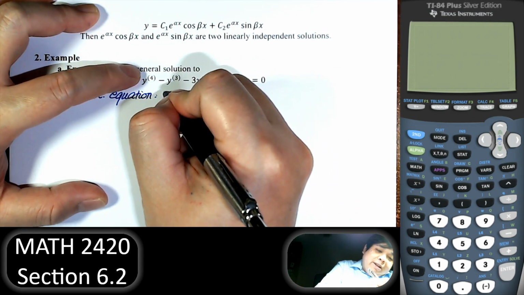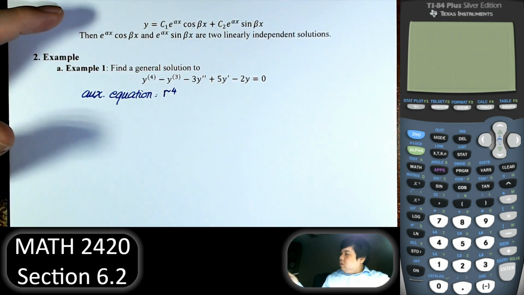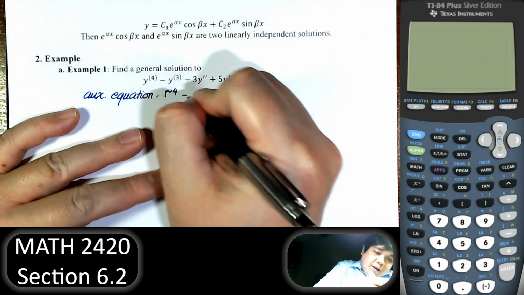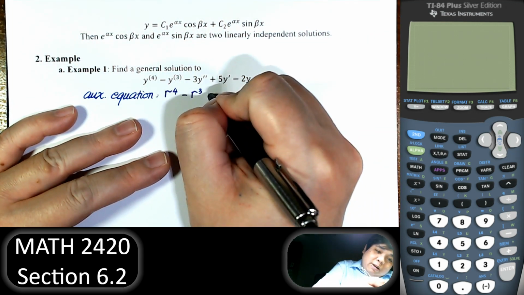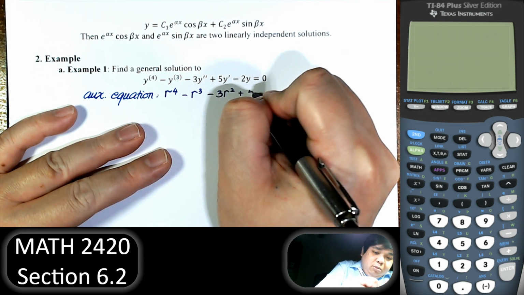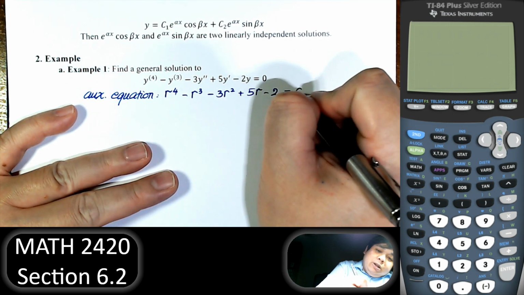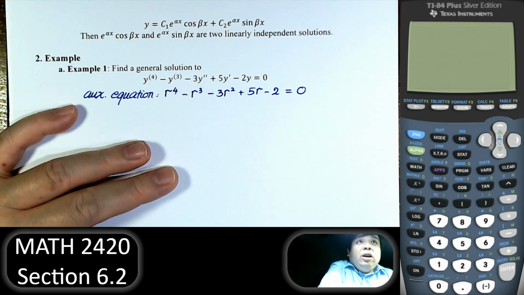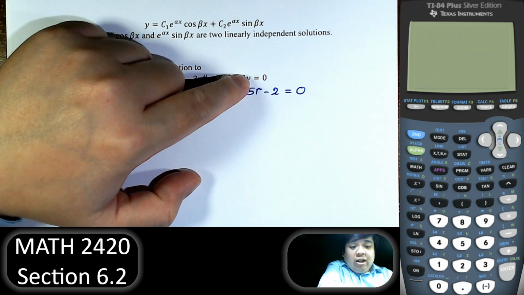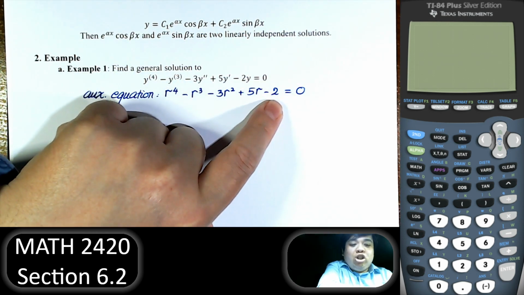The fourth order derivative you can write as r to the fourth power, minus r cubed, minus 3r squared, plus 5r minus 2 equal to 0. The nth order goes to the nth power. The function has no derivative, so it has no power. So that's just 2.